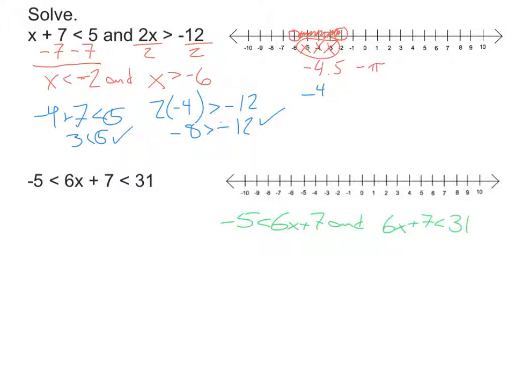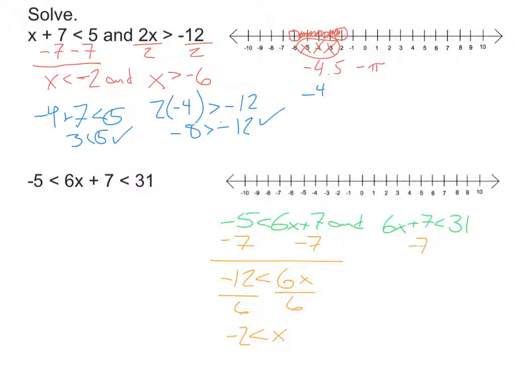But of course, this is a much more succinct way of writing it over here on that left side. So if we solve over here on the right where I wrote in green, I'm going to start by subtracting 7 on both sides, and negative 12 is less than 6x. Then divide both sides by 6, so negative 2 is less than x.